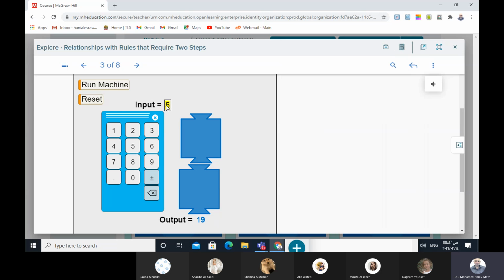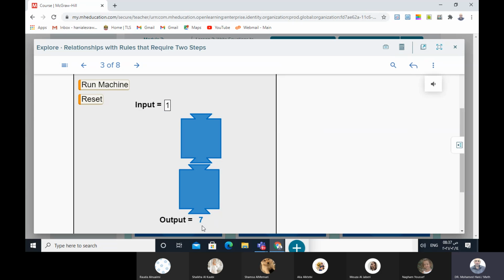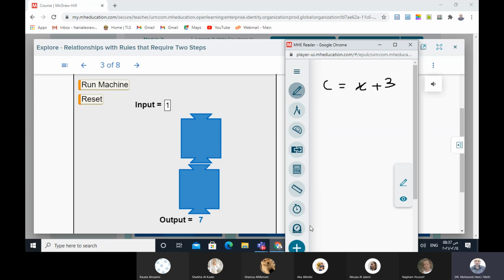So I will repeat now. If I have 1, the output will be what? Will be 7. So if the value of x is 1, multiplied by what, plus 3 equals 7?